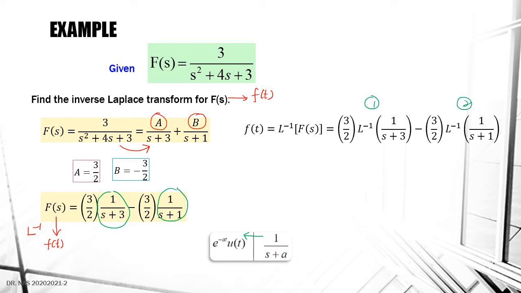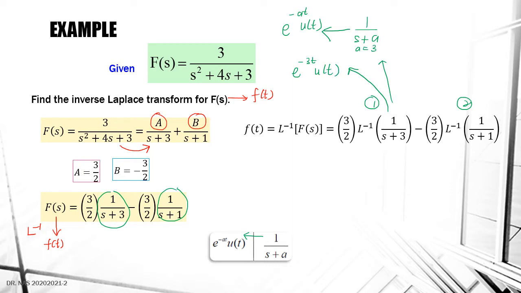So compare with the given equation, in this case 1 over s plus a, so your a in this case equals 3. Therefore, since a equals positive 3, this one will produce e to the negative 3t u(t).